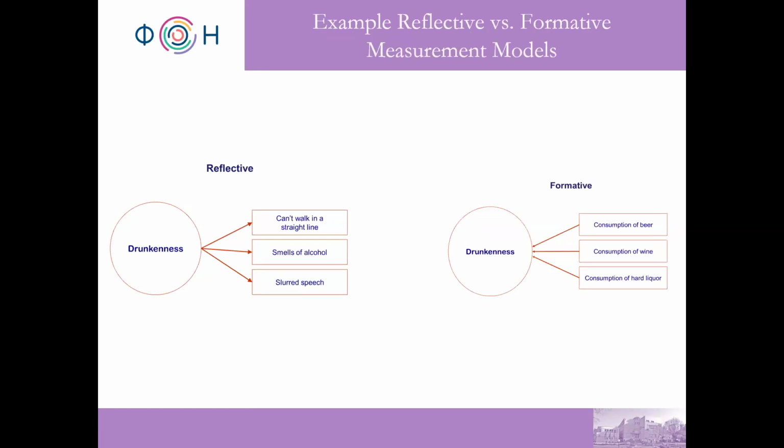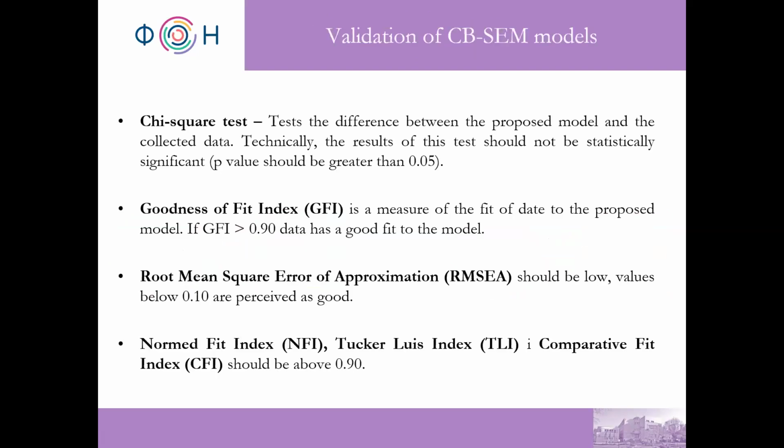Okay, so after we saw some differences between the two types of algorithms, let's see how we can estimate our SEM models. There's a long list of different indicators and metrics we can use.